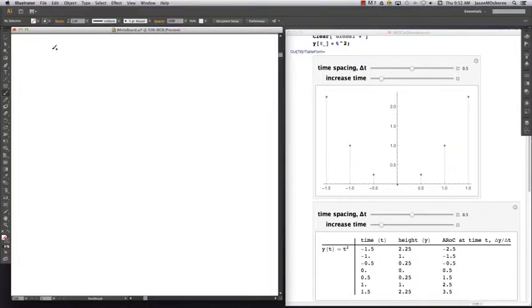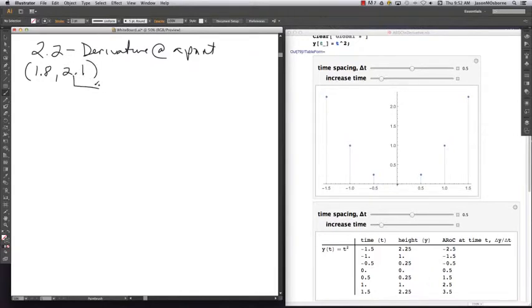In this video, we're going to begin looking at section 2.2, which is called the derivative at a point. This section is in the context of sections 1.8 and 2.1.